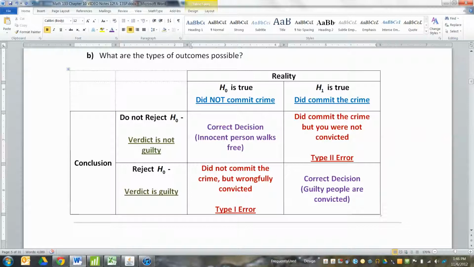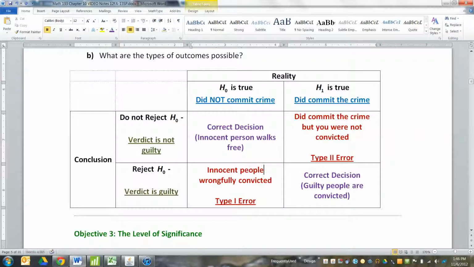But we could be doing bad stuff. As a matter of fact, because you're stat students, you now realize that you automatically will do bad stuff. So you will not ever have it so that these two corners are the only things that happen. You will automatically, because you're making a decision, be doing this one, which is that innocent people are wrongfully convicted.